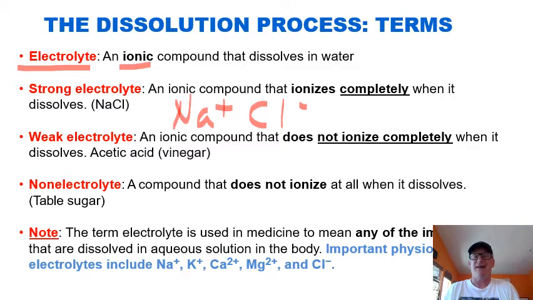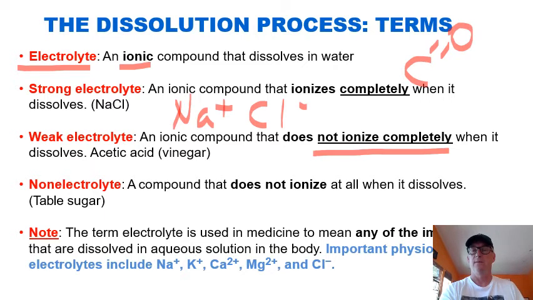Now, a weak electrolyte is something that does not ionize completely. It still dissolves in solution, but it doesn't all become ions. And one of those is acetic acid. Acetic acid is an organic acid that has this group.